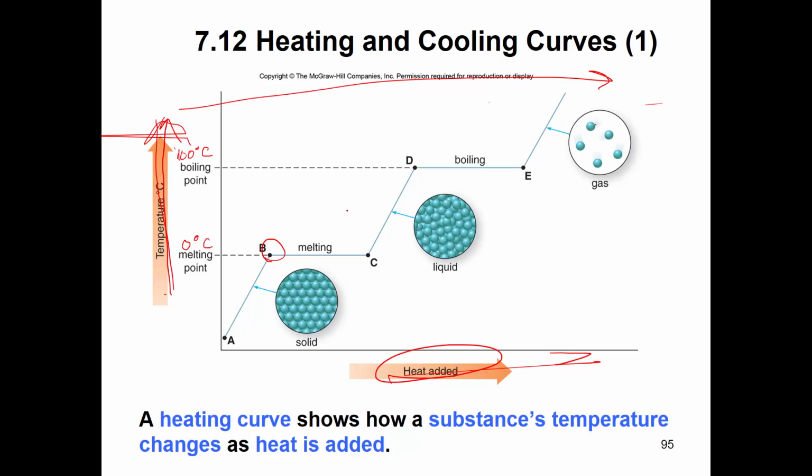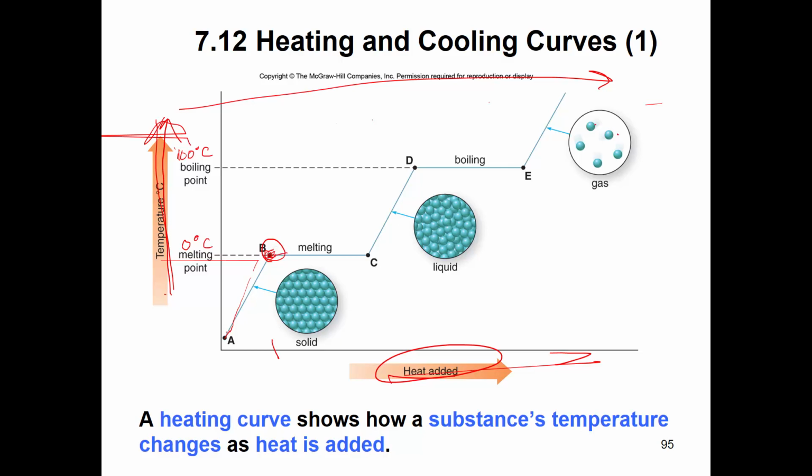So if we're adding heat, it's a heating curve. As we are adding heat, let me get my pen, it's a solid. I'm changing that temperature, I'm getting close to 0. When I hit 0, I'm at the melting point.